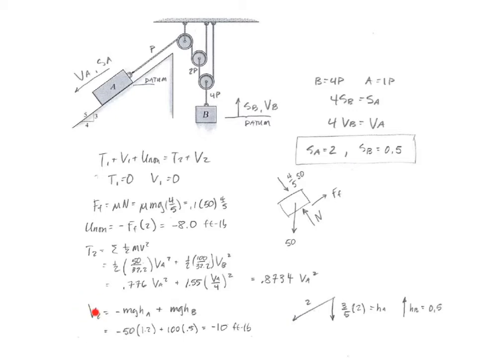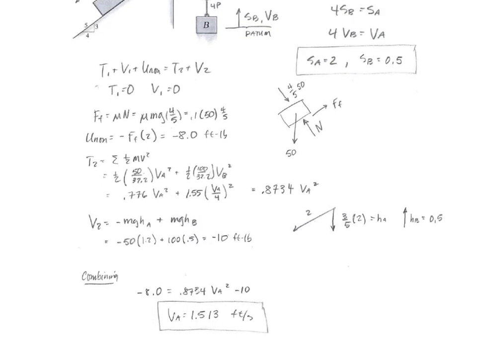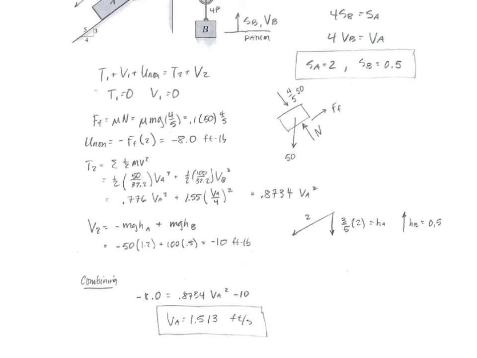Same thing with the mgh's. If this goes down 2, this goes up 1/2. And so the HB is 1/2. Now, VA moves down 2, however, the H part is only the 3/5 component of it. So anyway, a lot of people got that mixed up as well. And anyway, you plug all those things together and then you got VA is equal to 1.5.